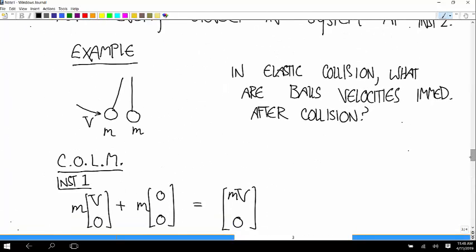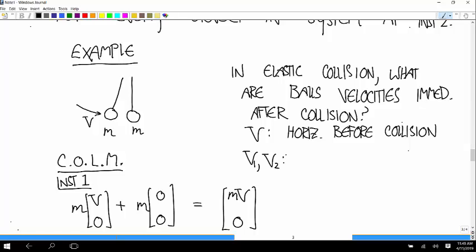Okay, so v is the horizontal velocity before the collision. v1 and v2 are the horizontal velocities of each of the two balls after the collision.